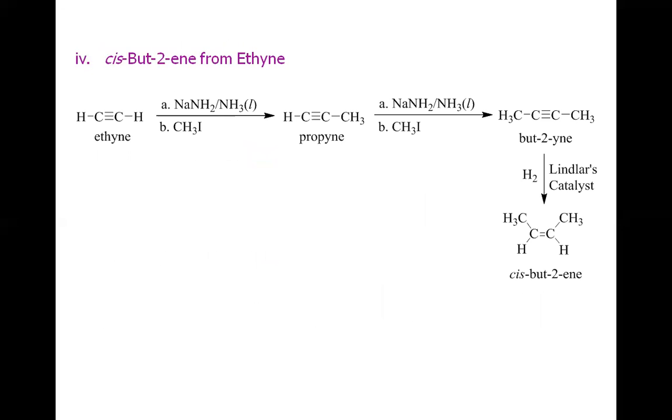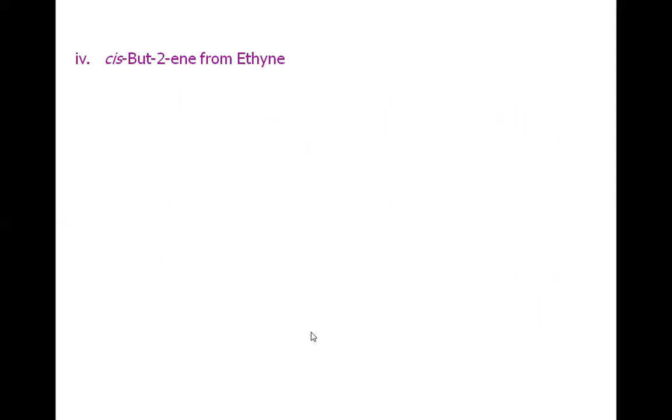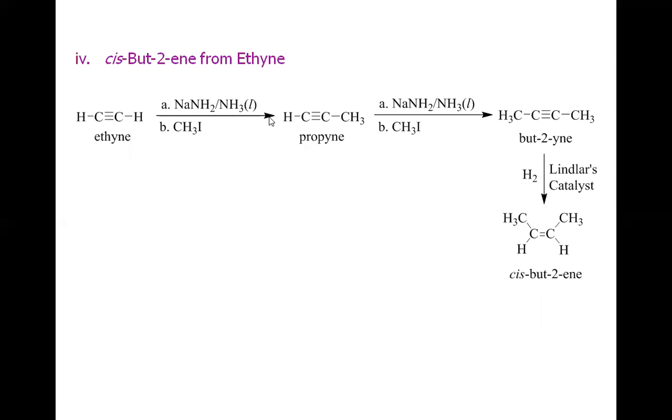For the synthesis of this but2 from ethyne, basically it is similar until here. When you treat the ethyne with sodamide and methyl iodide, you will have propyne, and then again you treat with sodamide and methyl iodide, you will have but2, as we discussed in the third reaction.